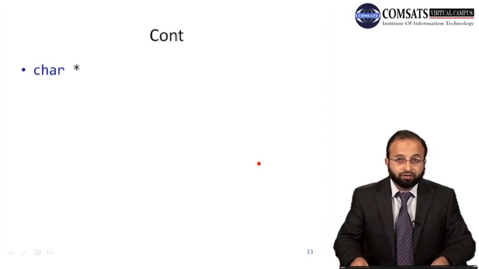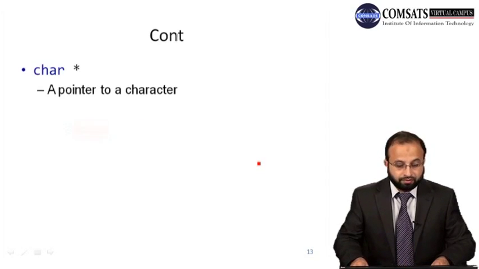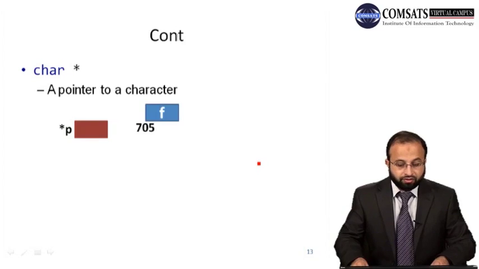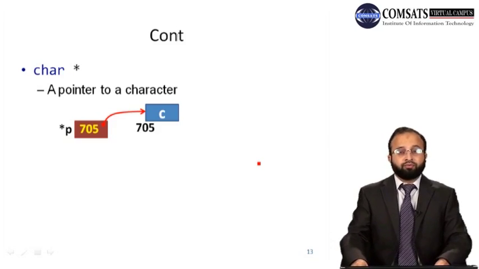We'll see in detail. So what is this? This is a pointer to a character. You have a pointer that contains the address of the memory where you have a character. So this pointer points to this character. Now you can change the value of that character, for example from f to c, and you can also change the value of that pointer.